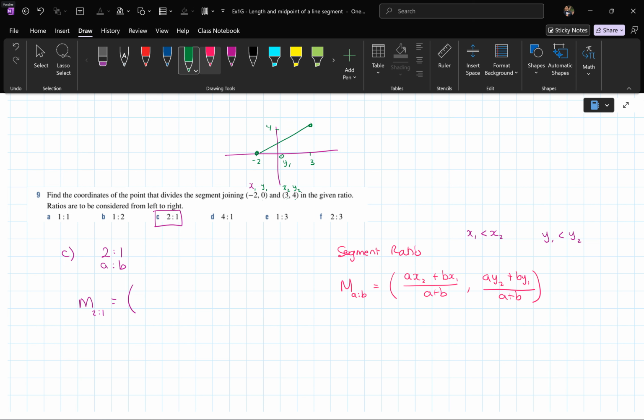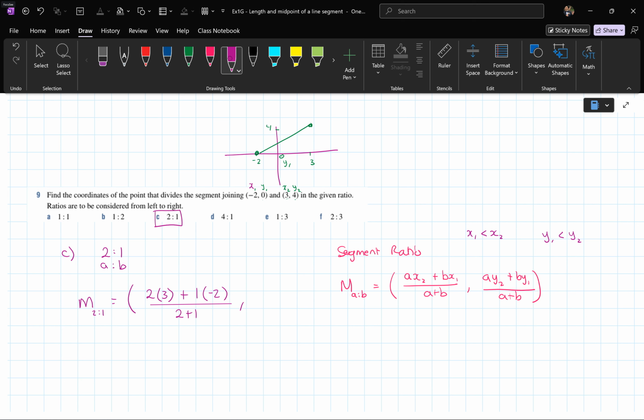So from here, if I were to answer the question, it will be A, which is 2 times x2, and x2 in this case is 3, plus B, which is 1 times x1, which is -2. And then that's all over A plus B, which is 2 plus 1.